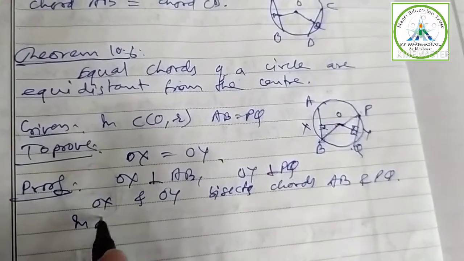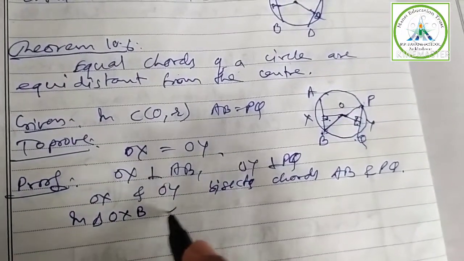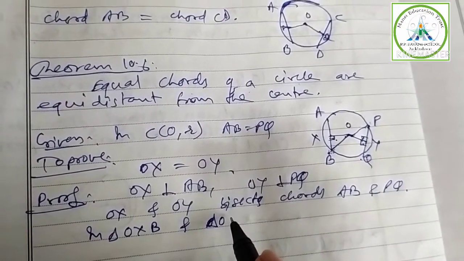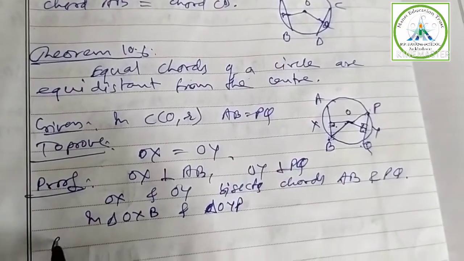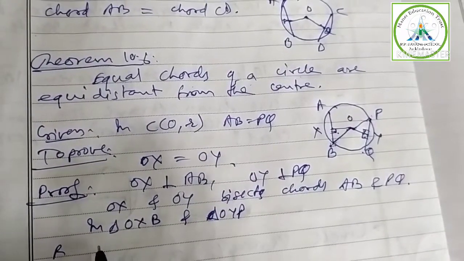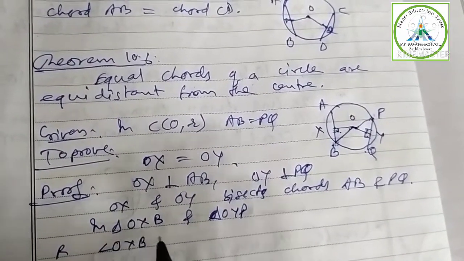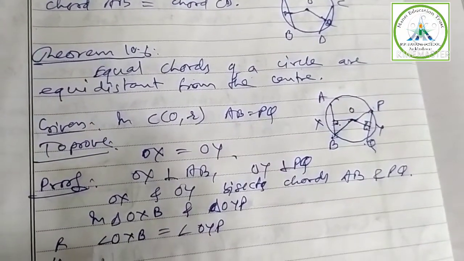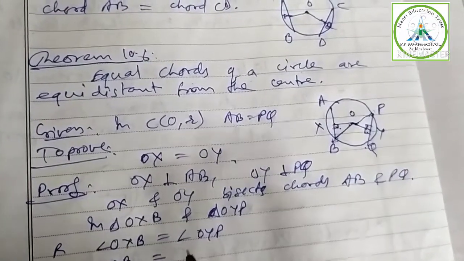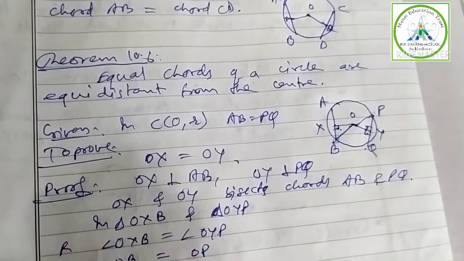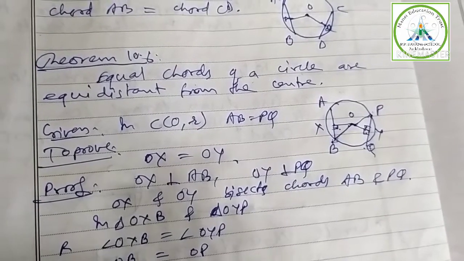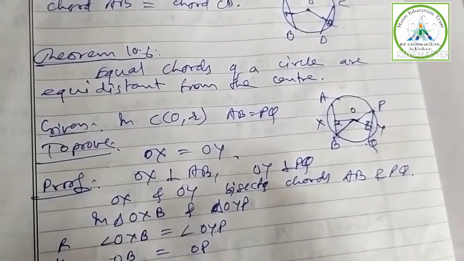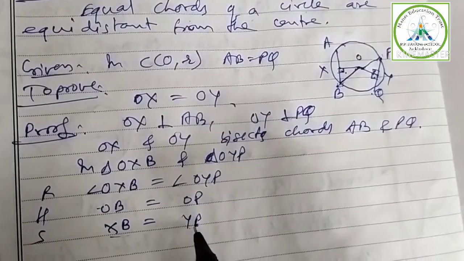Therefore, in triangle OXB and triangle OYP, which rule? RHS. Right angle OXB equal to angle OYP. Hypotenuse OB equal to OP and side XB equal to YP. Yes or no? For XB equal to YP, what will be the support?